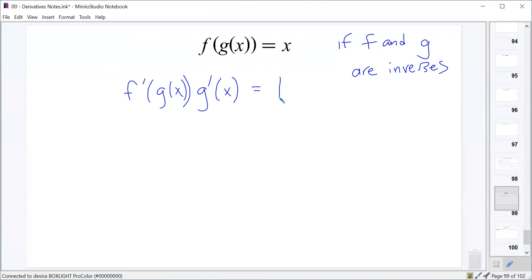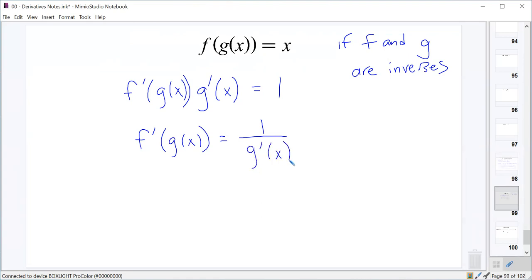We're actually pretty much done with finding our rule. We're just going to divide by g prime of x, so we have f prime of g of x is equal to 1 over g prime of x.